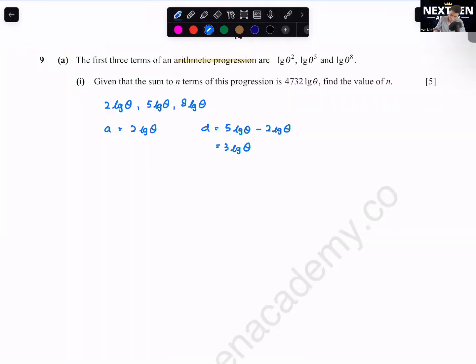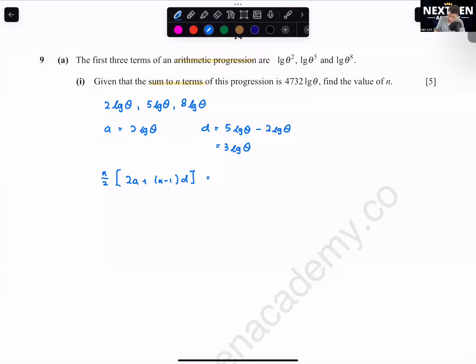Now we want to find the sum to n terms. Is it okay to assign log theta to a letter? Can also, so you don't have to keep writing it down over and over again. So you let log theta equal u. Now we put into the formula, which is n over 2 times 2a plus n minus 1 d.